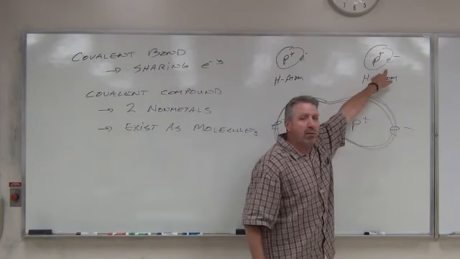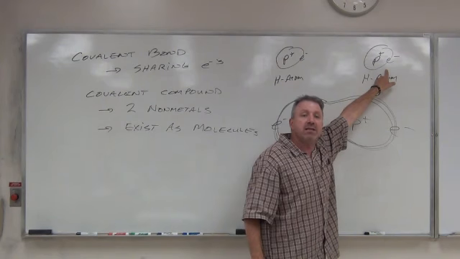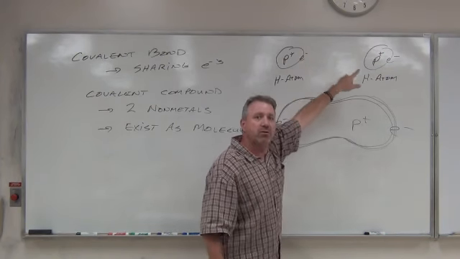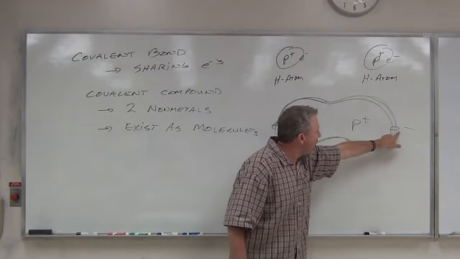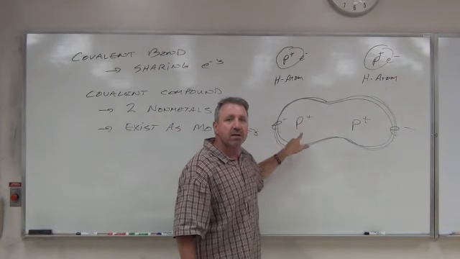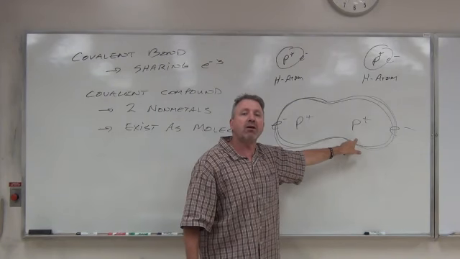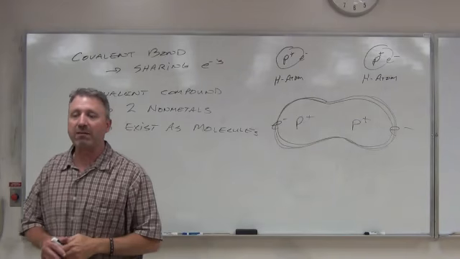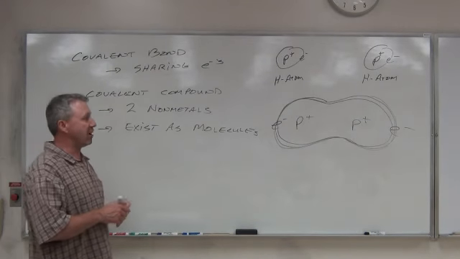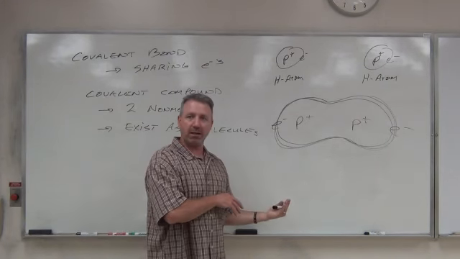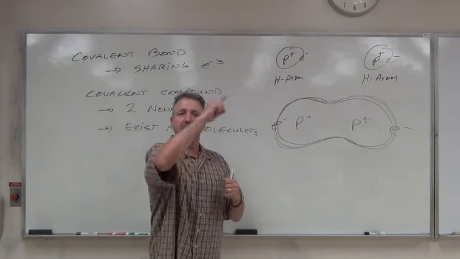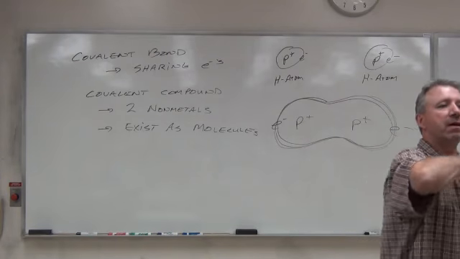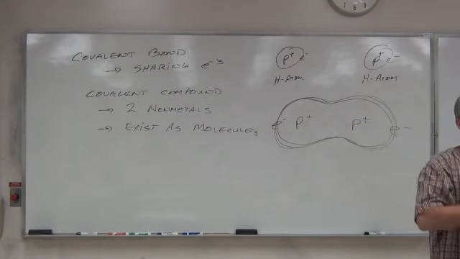These outer shell electrons, these valence electrons to two individual nuclei, are now valence electrons to two nuclei. They are covalent. And that's where the name of the bond comes from. It's a covalent bond. The electrons actually start orbiting both nuclei. And it's the electrons revolving around both nuclei that create the bond that holds the nuclei together.